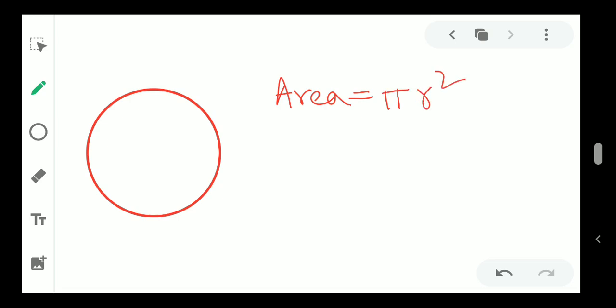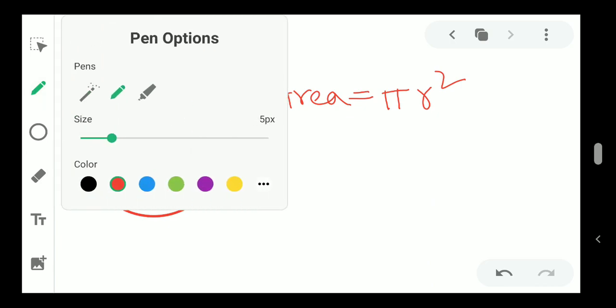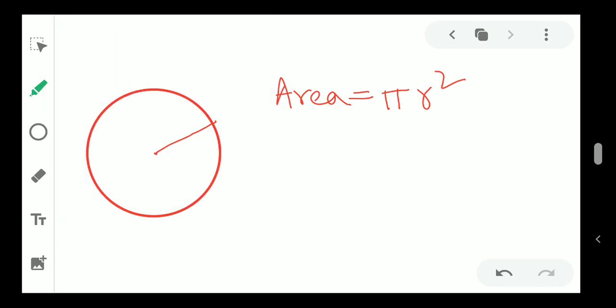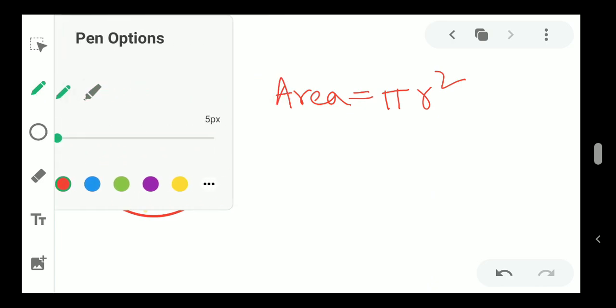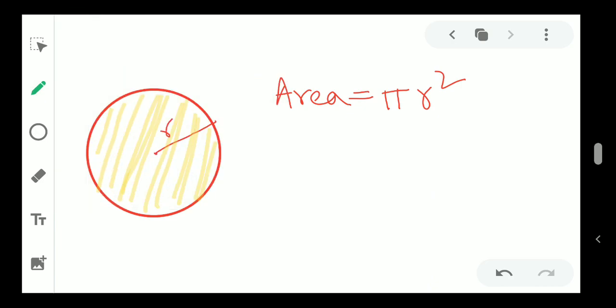So now I know how to find the area, that means the space inside the circle. Okay. Acha. So what is r? R is the radius of the circle.